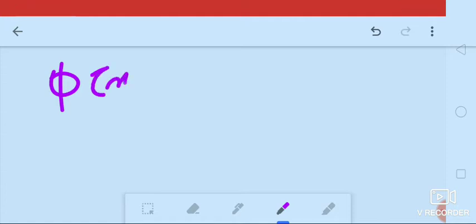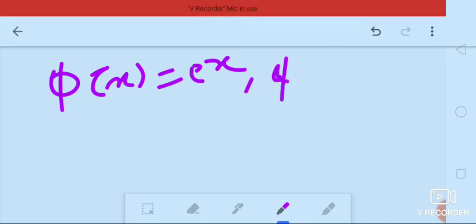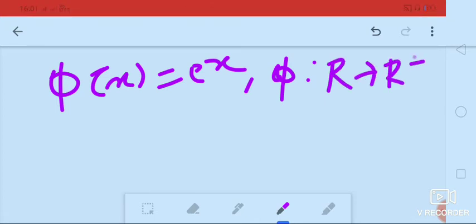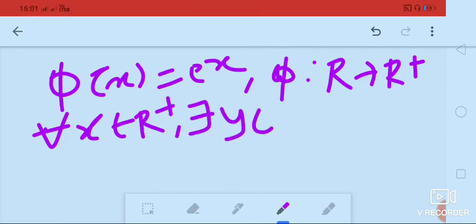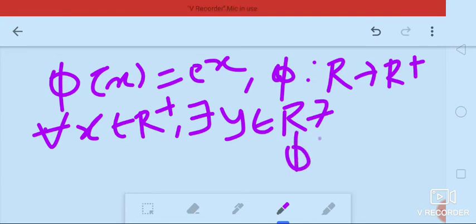Here pi of x is equal to e power x, and pi is from R to R plus. The onto condition is: for every x belonging to R plus, there exists y belonging to R such that pi of y is equal to x.